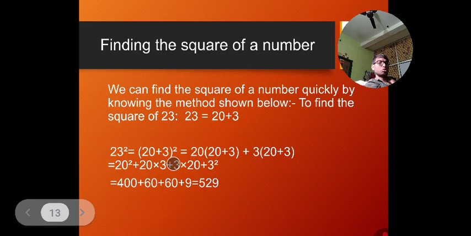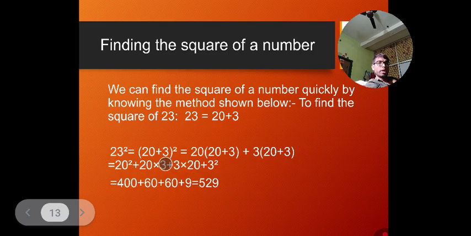By using algebraic identities, we can find the square of 23. So 23 can be written as 20 plus 3. Then just apply the square, because we are going to find the square of this 23.